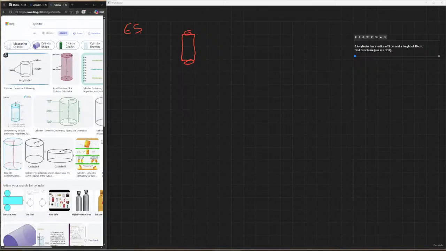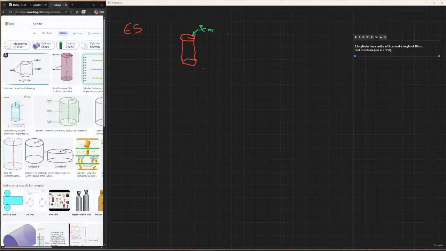So this bit here is literally a round thing. The radius is this one here, half of this. The cylinder has a radius of 3 centimeters. So basically this radius here is 3 centimeters.